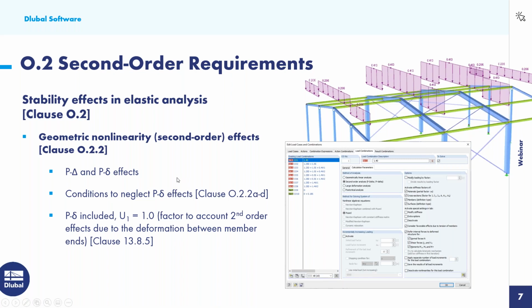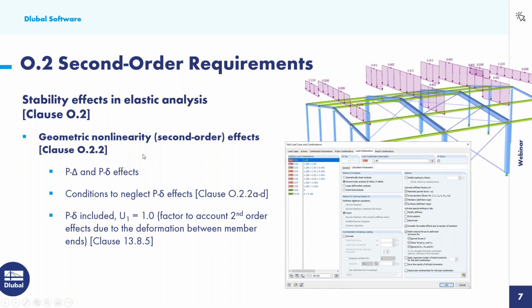But we might be asking ourselves, what's the advantage if I do include P little delta effects within my analysis? And what we get to do here is set this U sub 1 factor equal to 1.0. And this U sub 1 is an amplification factor used in Clause 13.8 for member strength and stability design.